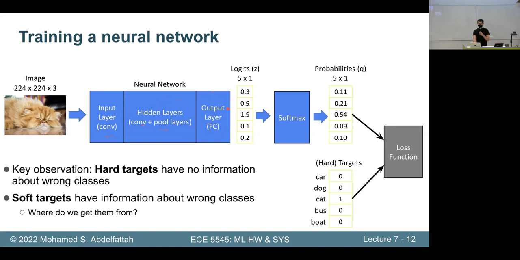The output of a classification neural network is typically called logits. And so we transform those logits into class probabilities by putting them through a softmax layer. Then we have a loss function, which takes on the other end these targets, or the ground truth. So for example, this image, we know it has a cat.